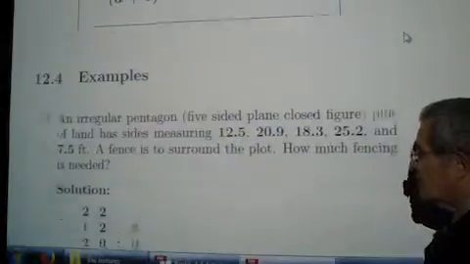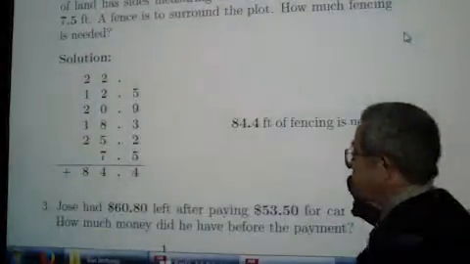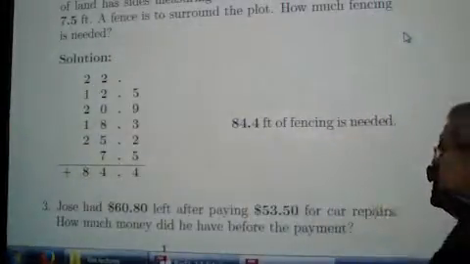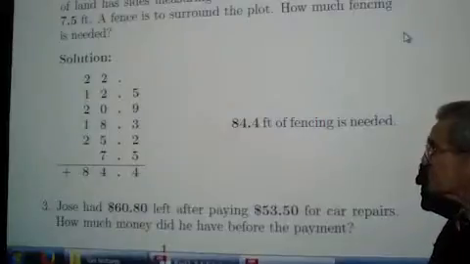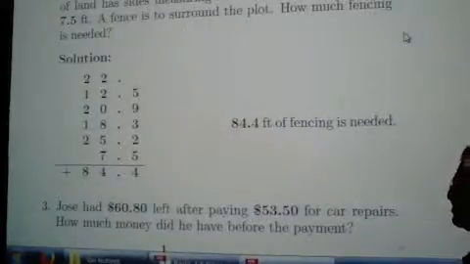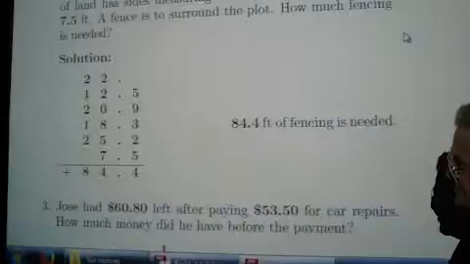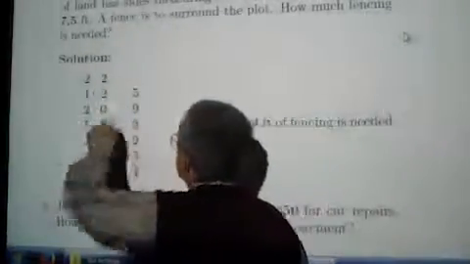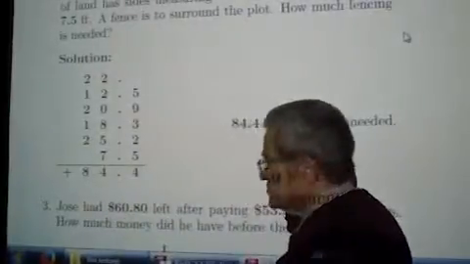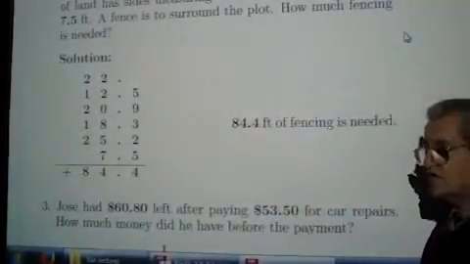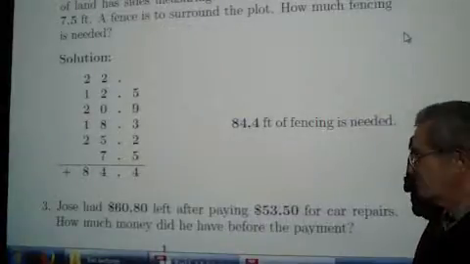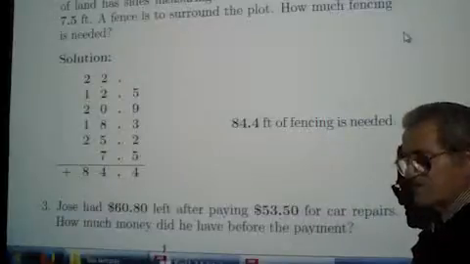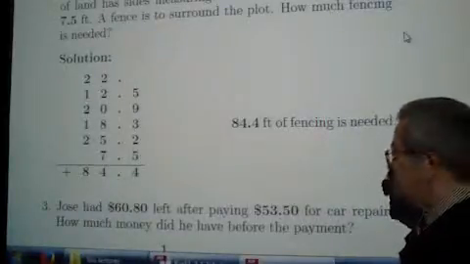Well, you add all these numbers and you're supposed to get 84.4. 84.4 feet of fencing is needed. You can copy these numbers from the numbers I gave you above. And apparently you have 2 carries, a 2 and a 2. See if that checks out. Don't use a calculator. Once you use a calculator, it's going to be very difficult to do things in your head.